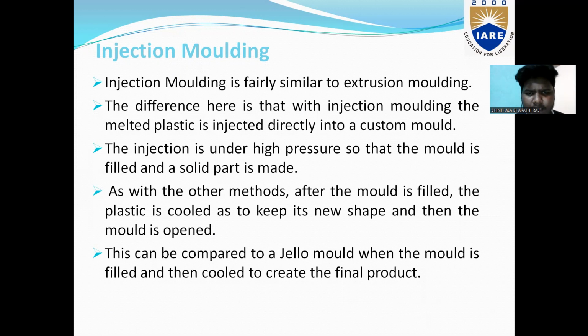As with the other methods, after the mold is filled, the plastic is cooled to keep its new shape and then the mold is opened. This can be compared to a waffle maker, where the mold is filled and then cooled to create the final product.